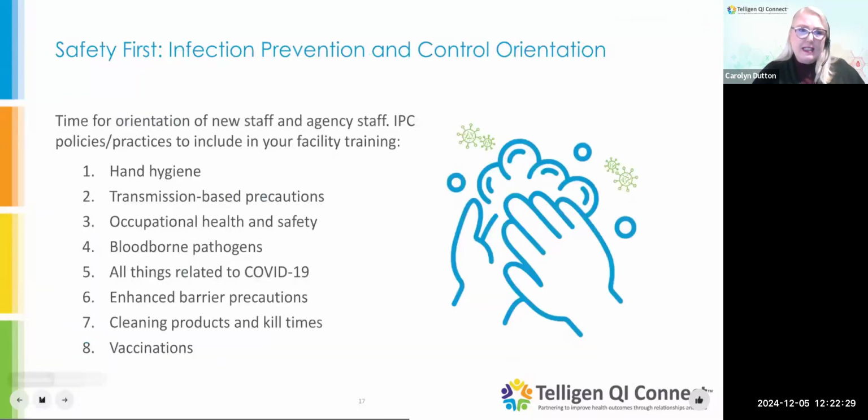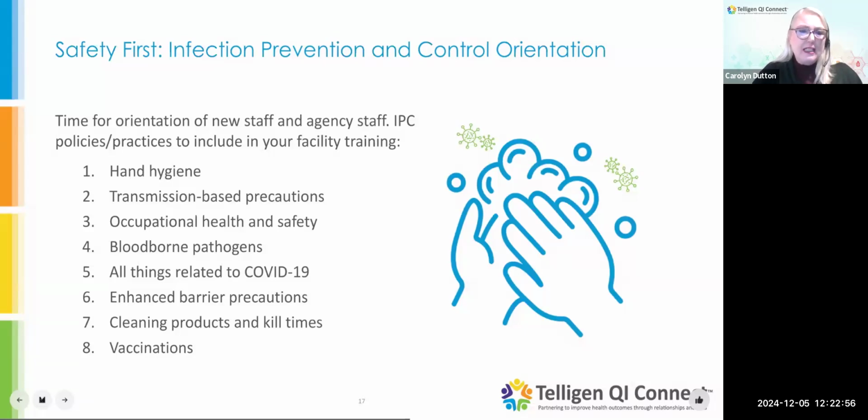And that does lead into the next slide, Kara, is making sure that anything that happens in that morning meeting, any information that needs to be relayed, is taken care of, and that does get relayed to the floor staff. Especially if you have someone who is on orientation, it's really important that all of your new staff do go through infection prevention and control orientation.